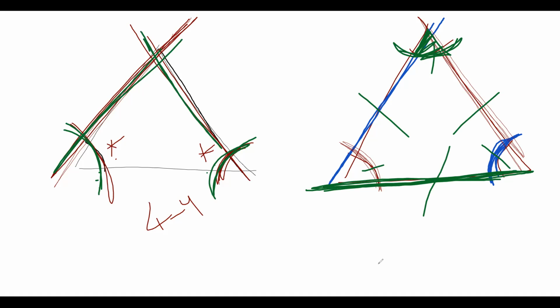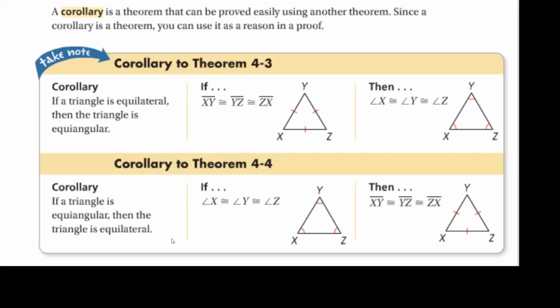Here we have three angles. If they are congruent, their opposite sides will be congruent too. So if a triangle is equiangular, with all angles equal, all of the sides will be equal too. But teacher, this is the definition of an equilateral triangle. Yes, but here it's written as a theorem.